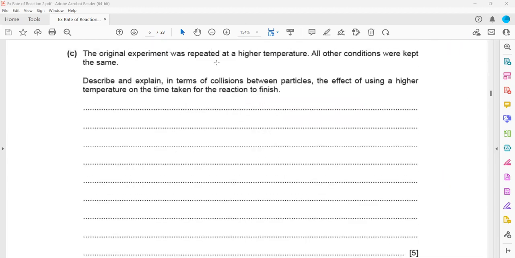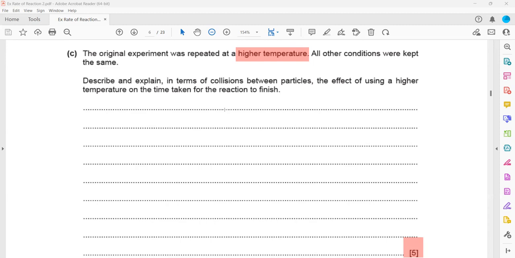Another question, another part related to the original experiment, was repeated using a higher temperature. 5 mark question. What are the points we'll include? Number one, it will take less time for the reaction to occur, the reaction will be faster.